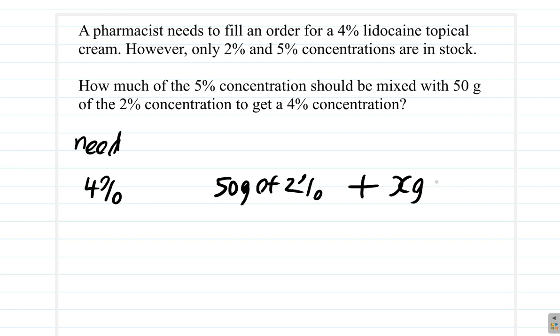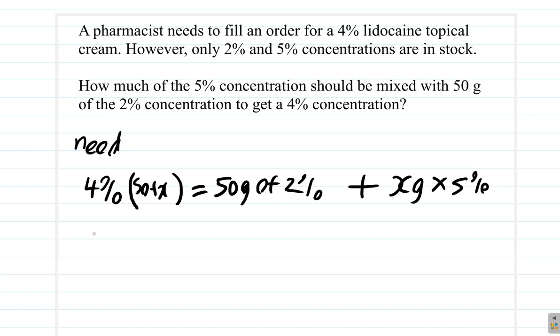A certain mass, X grams, of the 5% concentration which you have in stock. Now, the total mass of the 4% will be 50 plus X. So it's 50 grams plus X grams of 4% equals 50 grams of 2% plus X grams of 5%.